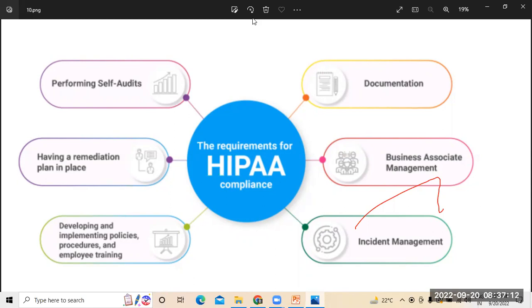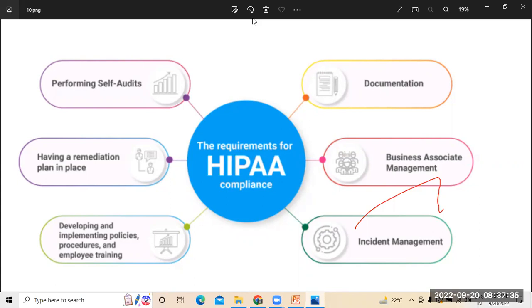Then, business associate management: how you are associating people in the existing lines of healthcare services, and what the guidelines are to make people associate within the existing business.